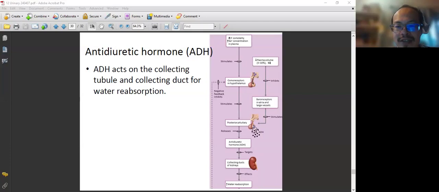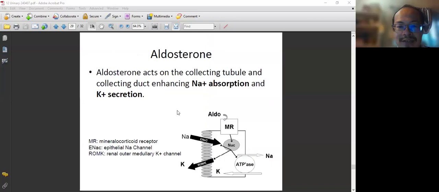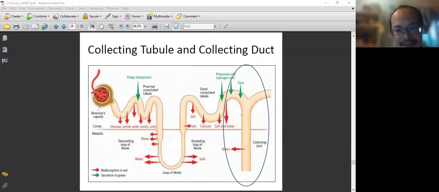And then when ADH acts on the kidney, where does it act? It acts on the collecting tubule, collecting ducts, especially in the medulla. So this channel right here, ADH will come in here to open up. You need to know that before ADH acts on it, this entire segment is water impermeable, so water cannot diffuse across.